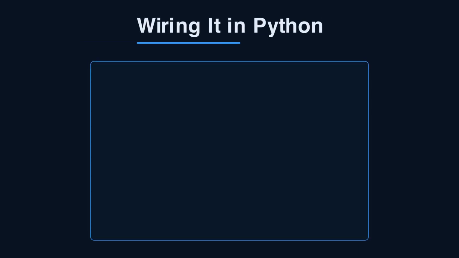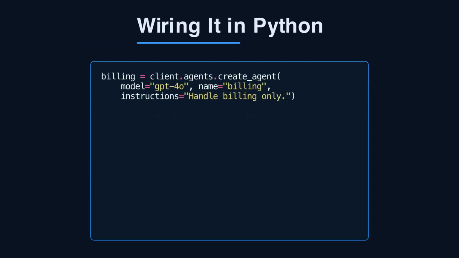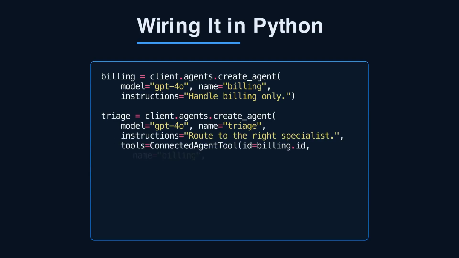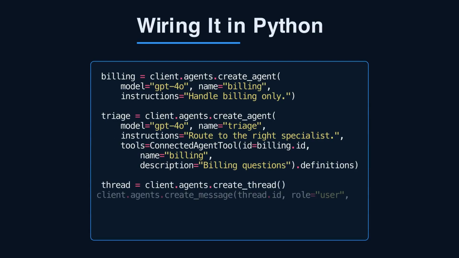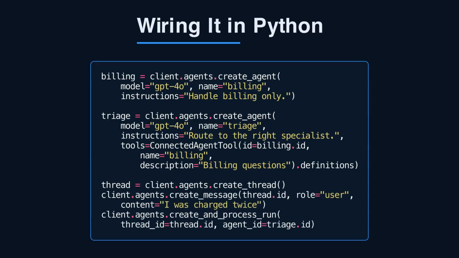Here's the shape in code using the Azure AI Projects client. You create each specialist agent, then create the triage agent with connected agent tools pointing at them. The SDK exposes specialists as callable tools, so the orchestrator can delegate. You create one thread, post the user message, and start a run on the triage agent.